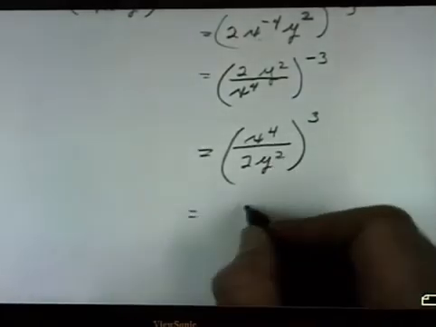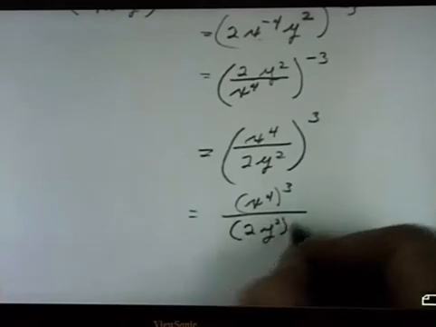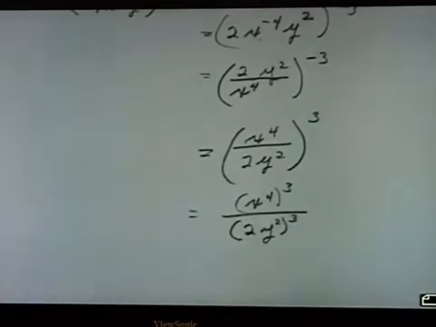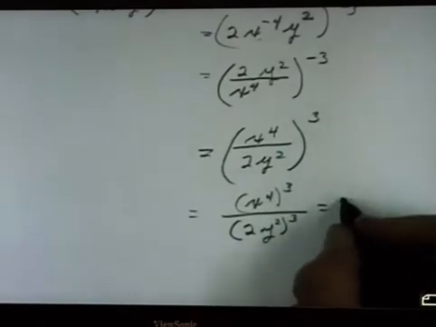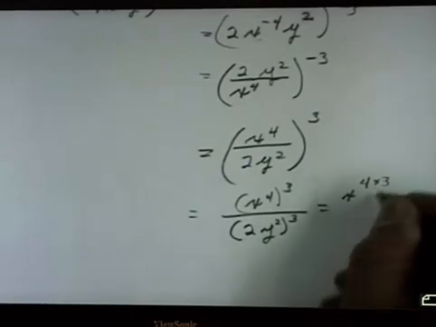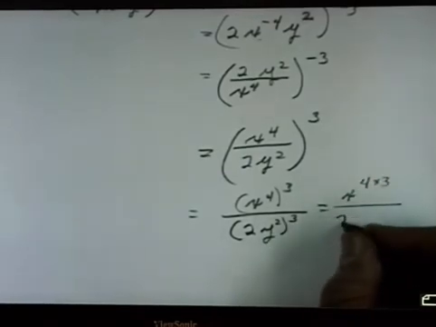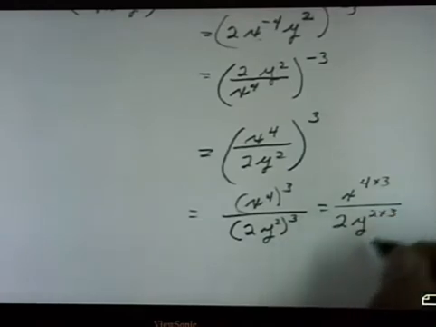Now we can rewrite that as x to the 4th raised to the 3rd power, divided by parentheses 2y squared parentheses raised to the 3rd power. Now we're taking a power to a power, so we multiply. This is x to the 4 times 3 divided by 2 times y to the 2 times 3.